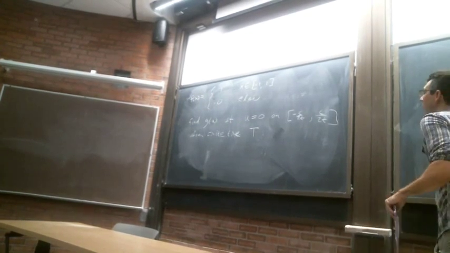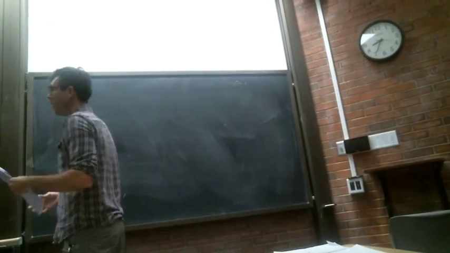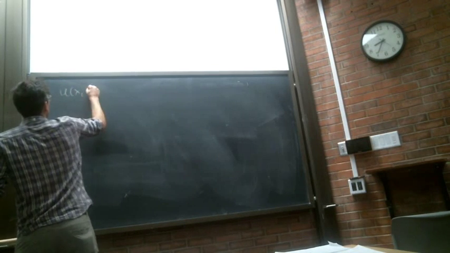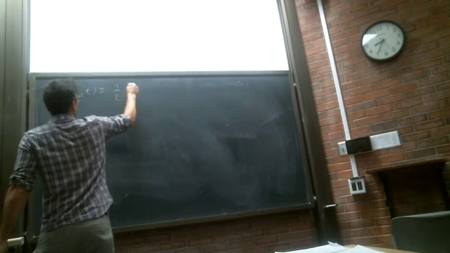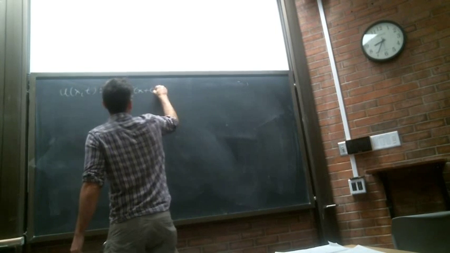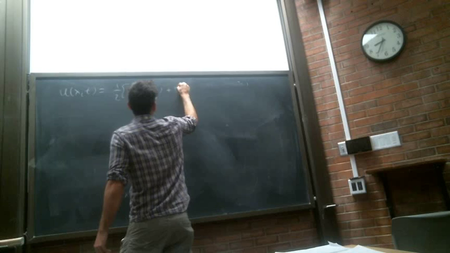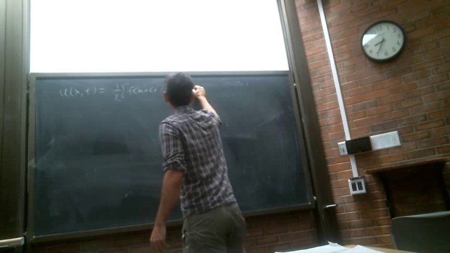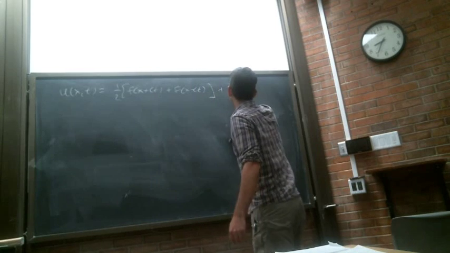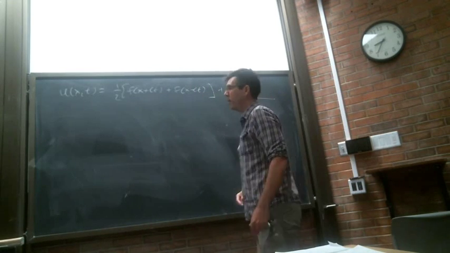Okay, so I guess the first question then is, what does the solution say? We have the 1/2 f of x plus ct plus f of x minus ct. And then we have this other thing here that we want to figure out, right?